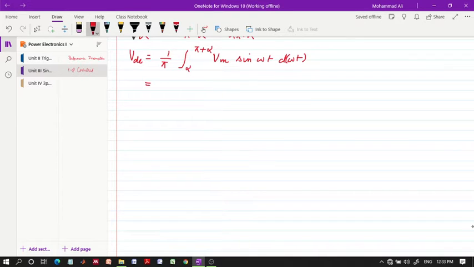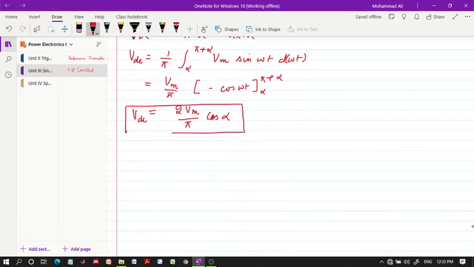So the integration: this Vm will come outside, Vm upon pi, and integrating sine omega t will result in minus cosine of omega t, and the range is from alpha to pi plus alpha. And when you solve this, the answer will come to 2 Vm upon pi cosine of alpha. That is equation number 1.